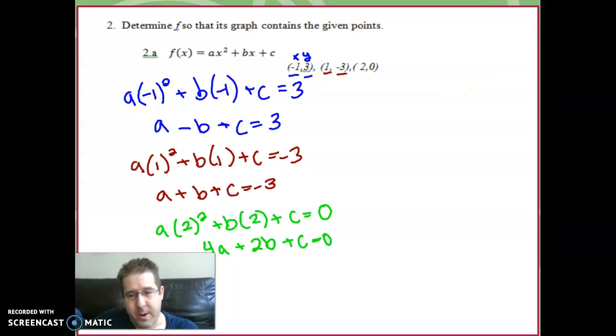Now I've got 3 equations, and we can list that out as a system of equations.